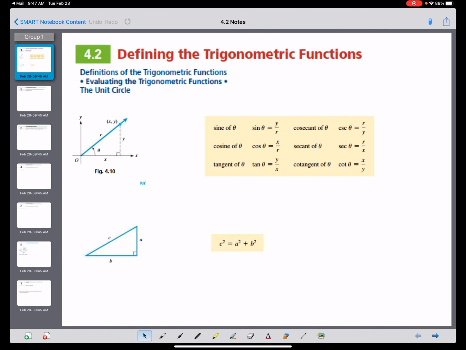Right. So here we're talking about 4.2, which is defining the trigonometric functions. To begin this, most of you are probably familiar with sine, cosine, and tangent, or at least the SOHCAHTOA.